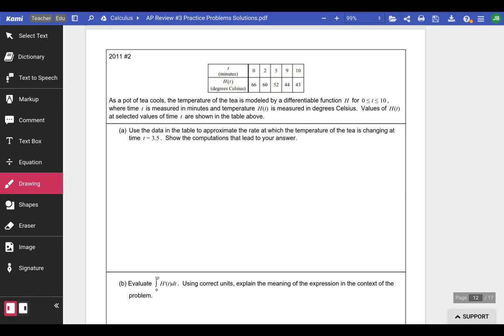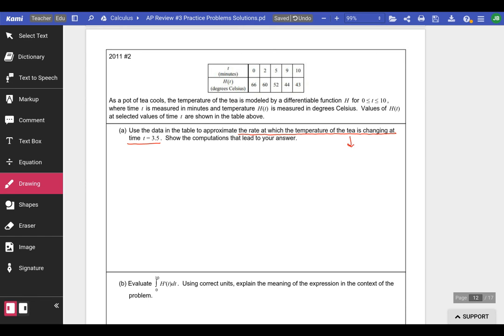So for the first question, it says use the data in the table to approximate the rate at which the temperature of the tea is changing at time t equals 3.5. So here's what we have to know. Right here, they're saying the rate at which the temperature of the tea is changing at this time.